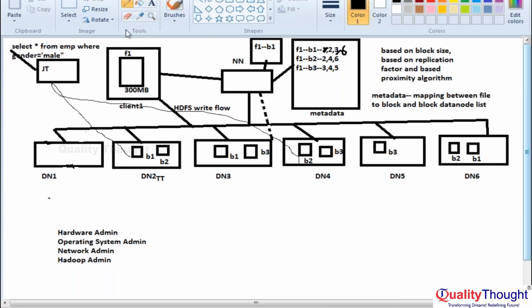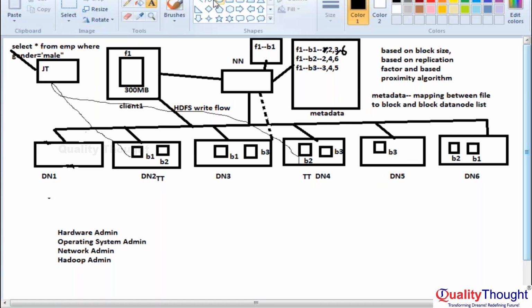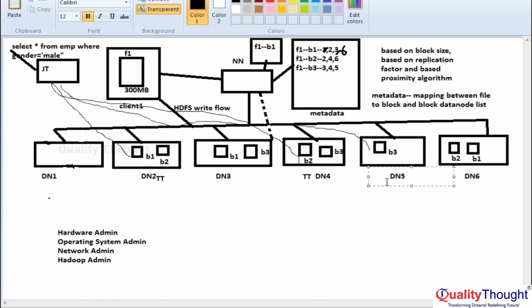So here we have a task tracker, and to process block 3 it assigned the processing request to this one. So here also we have a task tracker. These three are parallelly processing block 1, block 2 and block 3.